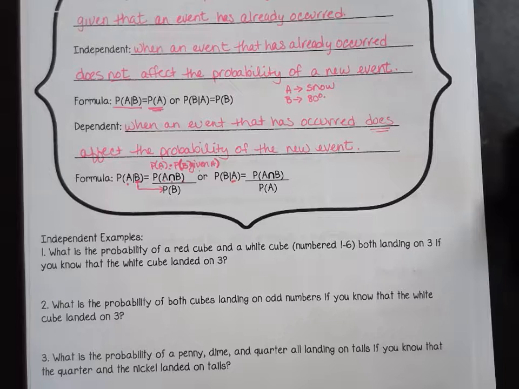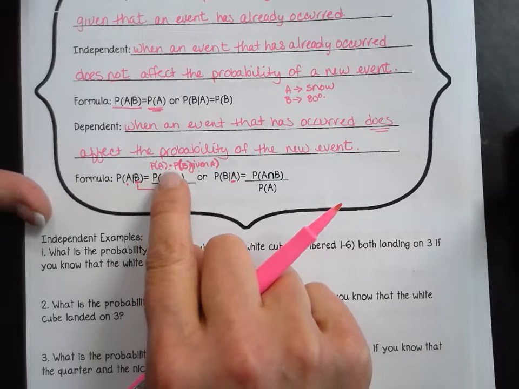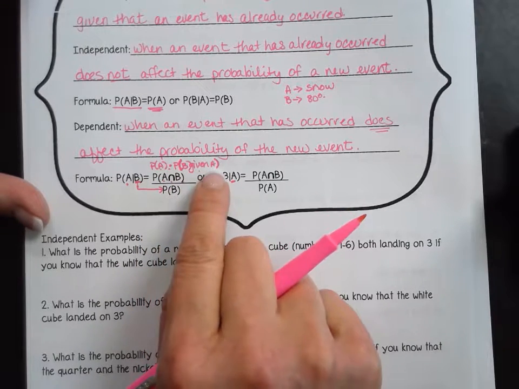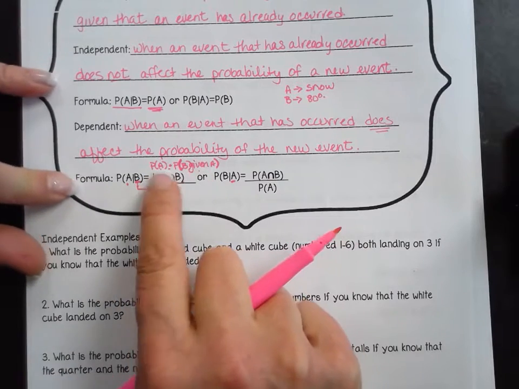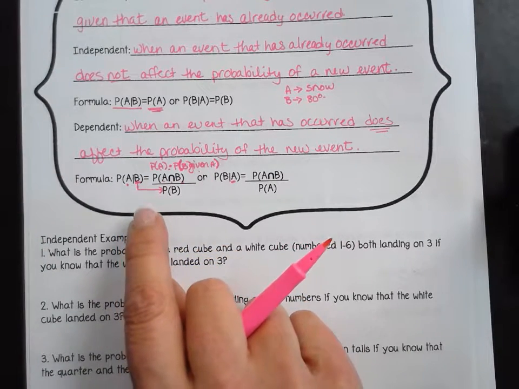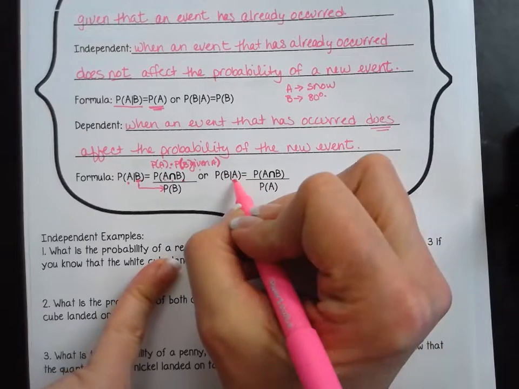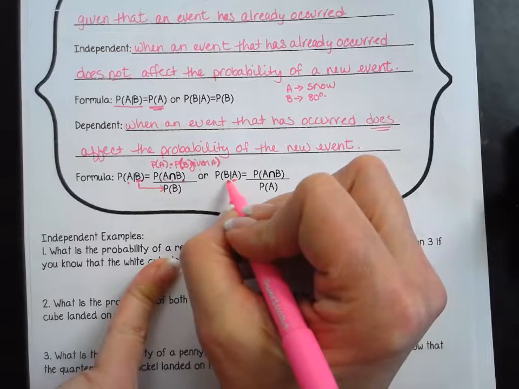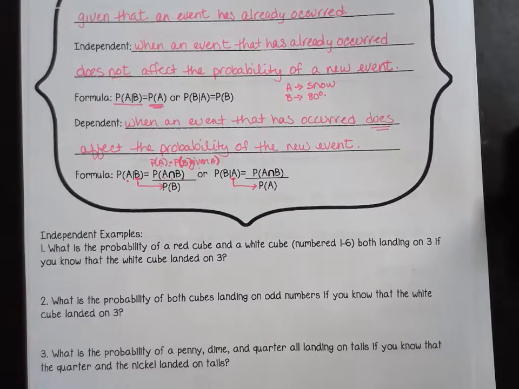It says P of A times the P of B given A. That's the formula for the dependent and. Okay? So on this one, we're saying to find the probability of B given A, so I'm dividing by the A. Okay?